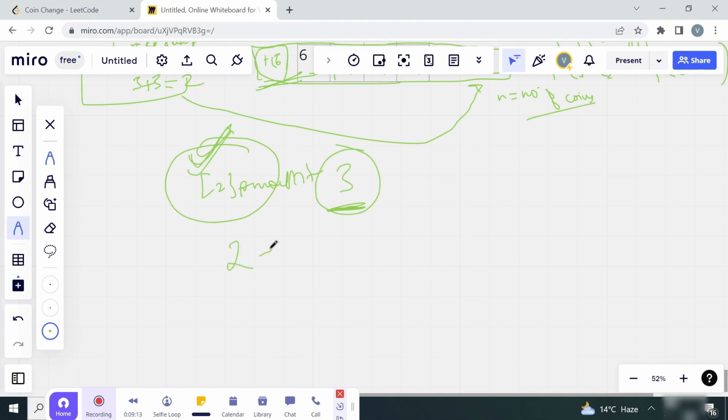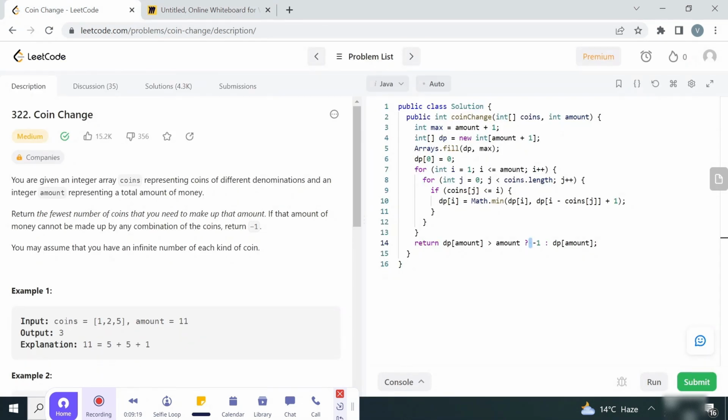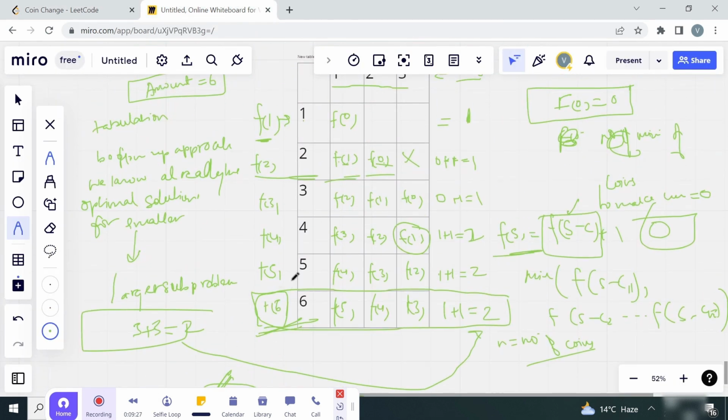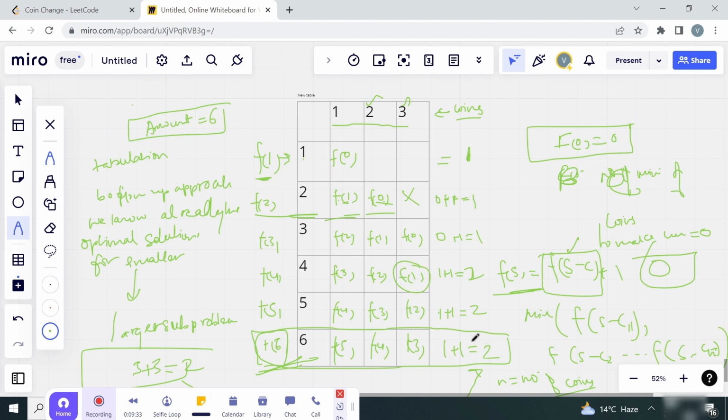Because the minimum will be 2, and if we add 2 plus 2 it will be 4, so we can never make 3. So in that case we return -1, otherwise we return DP of amount, because we saw that the final f6 or dp6 will contain the minimum number of coins for the sum 6, or the sum I.